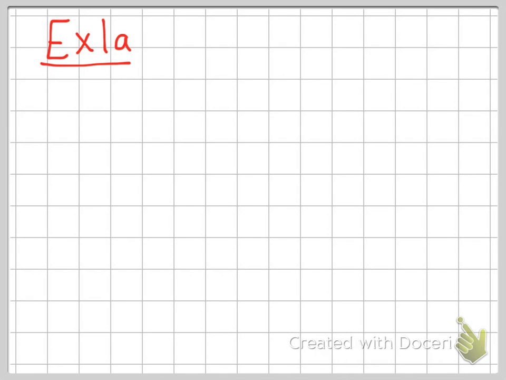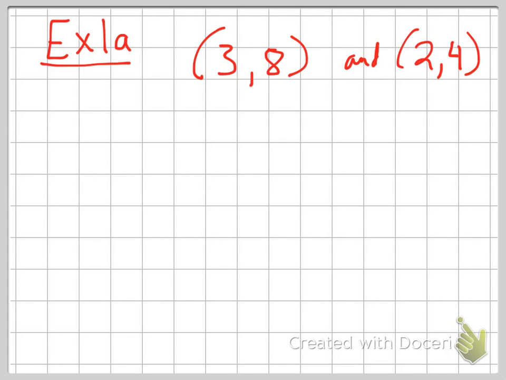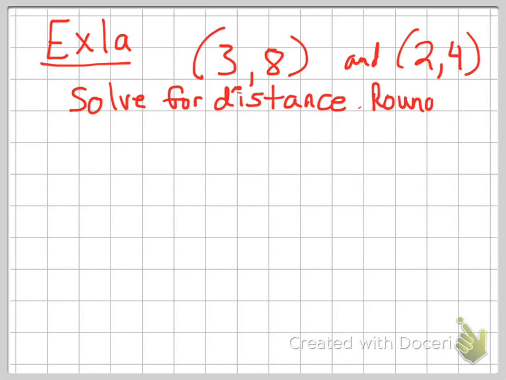If you have points (3, 8) and (2, 4), solve for the distance and round your answer to the nearest tenth. So find the approximate distance. Go ahead, pause the video. When you've solved the problem, hit play.